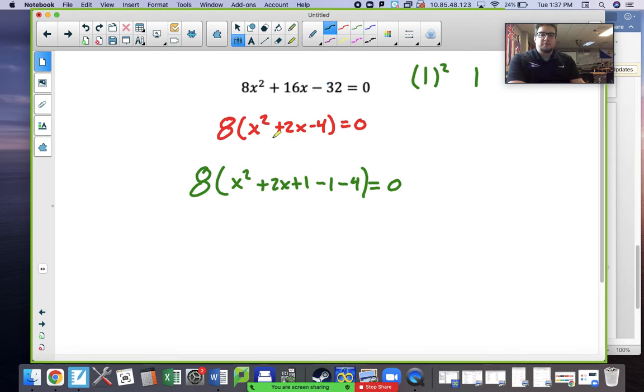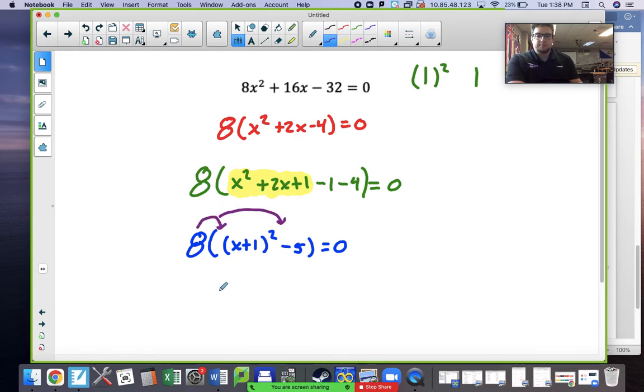I can factor my trinomial now. It's a perfect square trinomial. I get 8 still in front, x plus 1 squared minus 5. Going to redistribute in the 8.